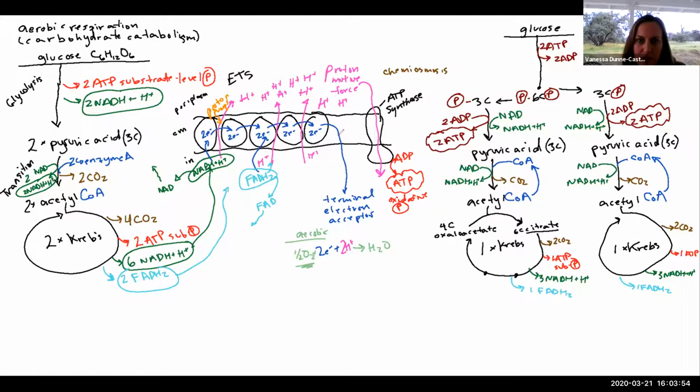For anaerobic respiration, this can be an oxygen-containing compound. An example that we've seen already would be nitrate converted to nitrite, NO2.